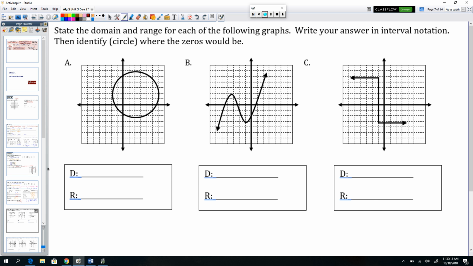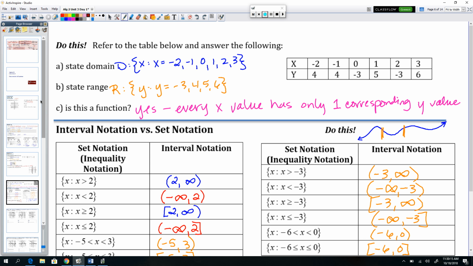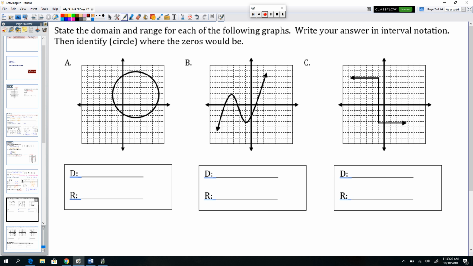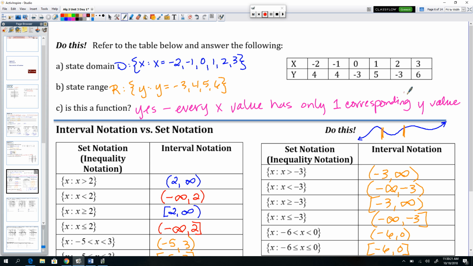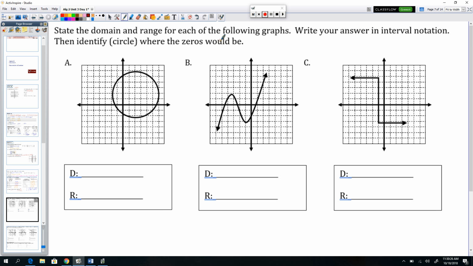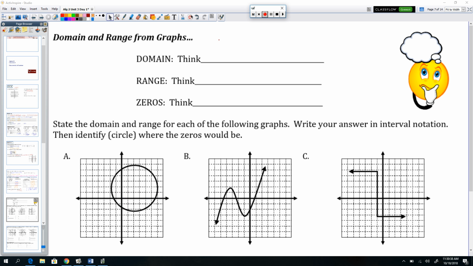So for domain, I want you to think, what's going on left to right?